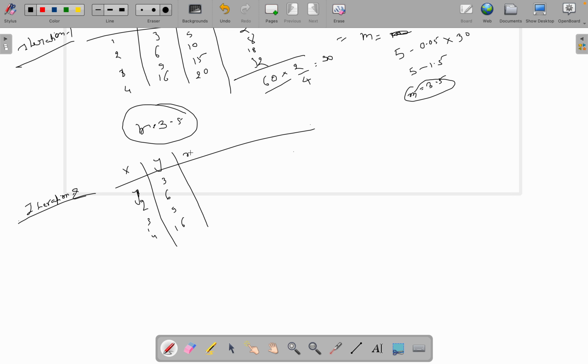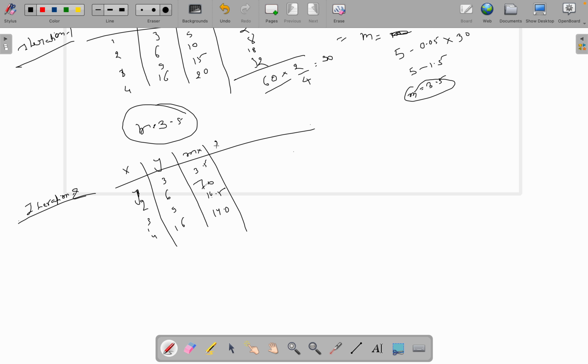Now the mx value, so what was the mx value? 3.5 into 1, that is 3.5, 3.5 into 2 is 7, and similarly 10.5, the third value, and the fourth value is 14.